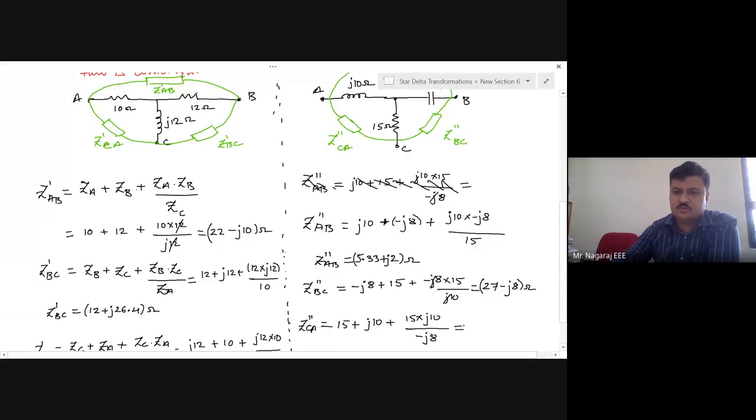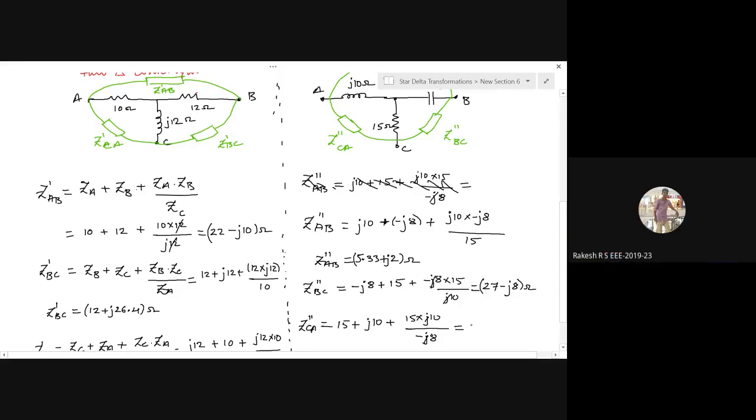Yeah, this J will cancel. So 150 by 8, 150 by 8 plus 15. 33.75 plus J10.